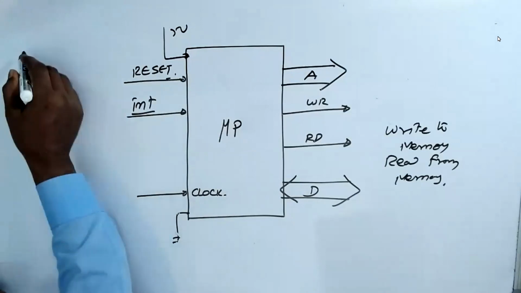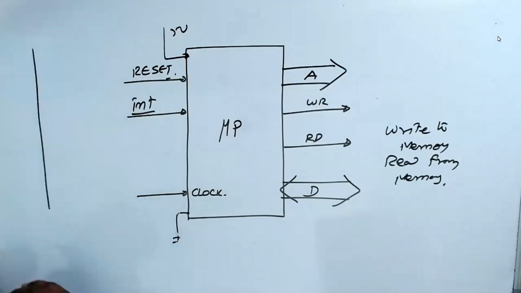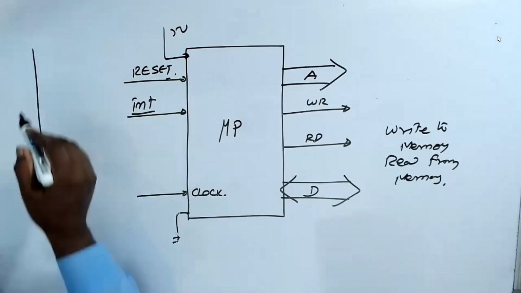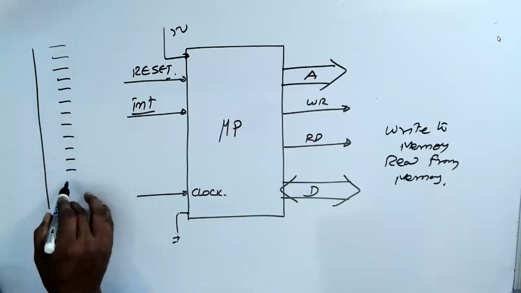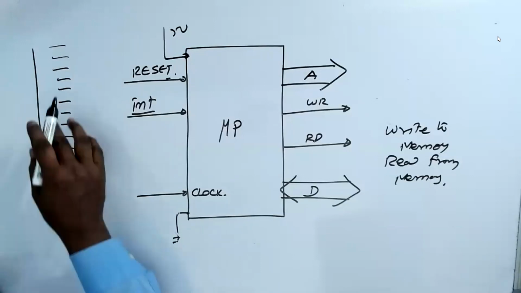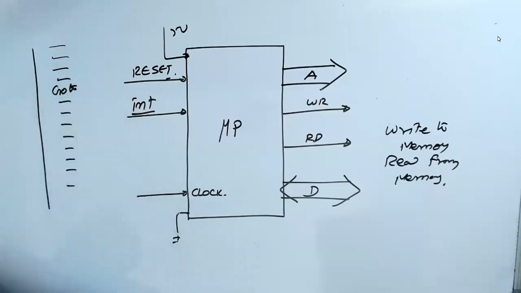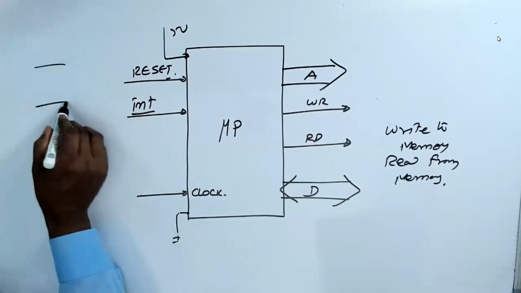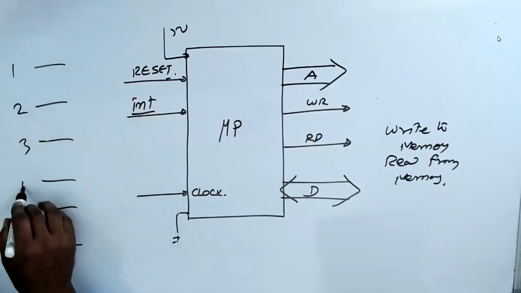When you write a program for a microprocessor, you write in either C or assembly, whatever it is. You have some instructions, and from anywhere, you can go to any line. So I have some program: line 1, line 2, line 3, line 4, line 5, 6.